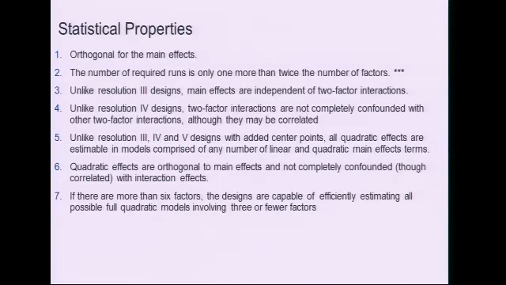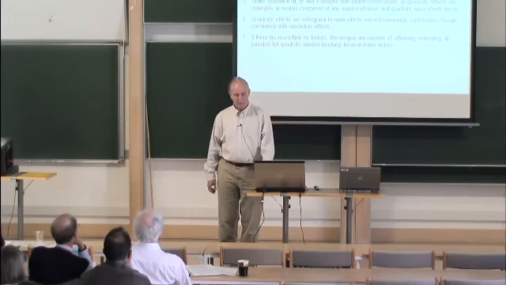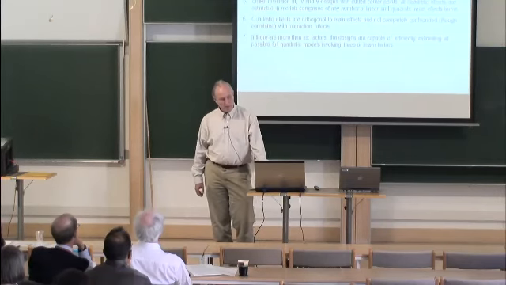Unlike any of the regular fractional factorial designs with center points, all the quadratic effects in these designs for every factor are estimable, although they are correlated with each other and also with interaction effects. And if there are 6 factors or more, these designs are capable of estimating all the possible full quadratic models.